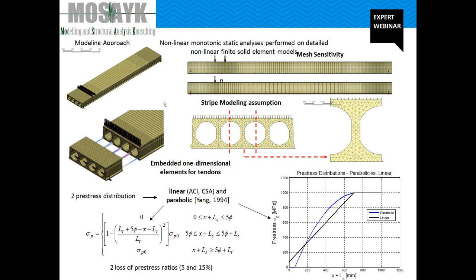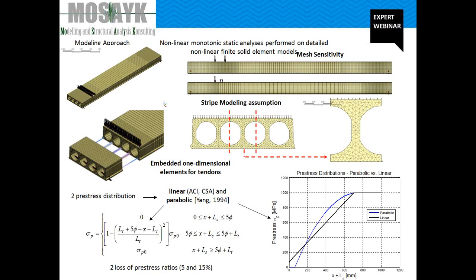And this modified compression field theory with the total strain crack model is implemented in Midas FEA, that is very efficient. The classical von Mises yielding criterion with strain hardening was used for prestressed steel strands, represented, as we can see here, as embedded elements.